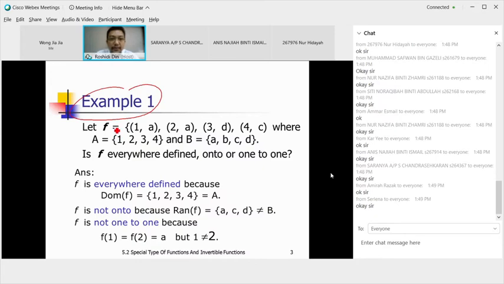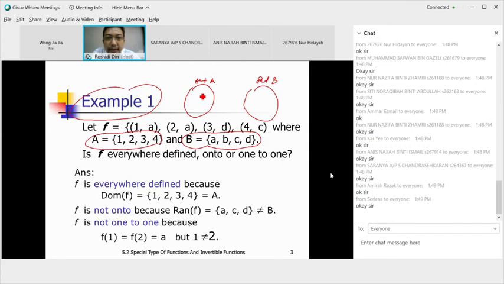Given a function 1a, 2a, 3d, 4c, where the first set is 1, 2, 3, 4 and the second set, set B, is A, B, C, D. So we assume like this: set A and set B.